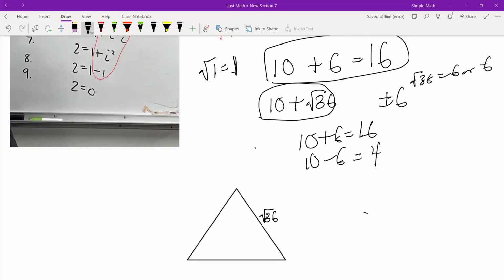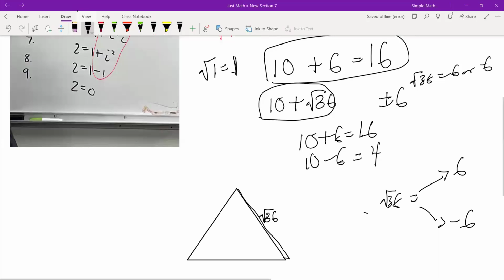Thinking just like this, root 36 could be either 6 or -6. But because we're talking about the length of a triangle, -6 is out of the options. It just has to be 6, because realistically speaking, the length of a triangle cannot be -6 centimeters. It has to be 6 centimeters.